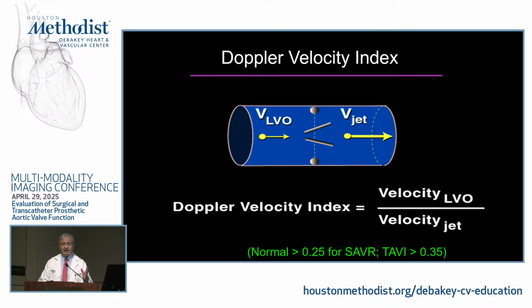Ideally, if there is no valve at all, if there is no obstruction, the velocity stays the same or increases a little bit. But obviously you have some obstruction to flow because of either struts or a mechanical prosthesis, so the velocity accelerates. And therefore, this ratio of velocity before to velocity through will be less than 1. It'll always be less than 1.